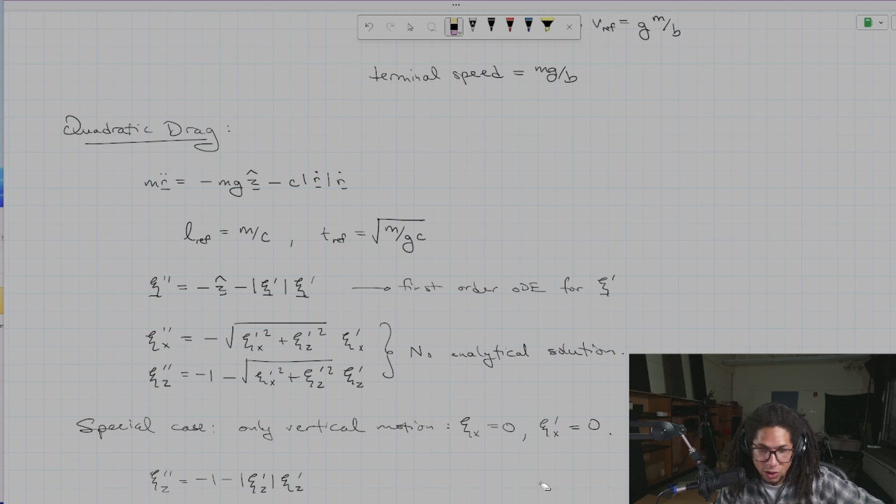Cz prime starts out being negative, so this absolute value ends up negating cz prime. So I have a positive from this absolute value, but then the negative from this. Then that negative combines with this negative sign, so this whole term ends up being positive in the second case. Okay, so I'm going to kick us into an even more special case, the one where we have downward initial velocity.